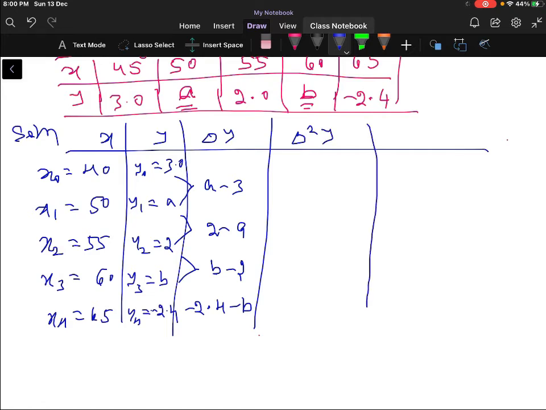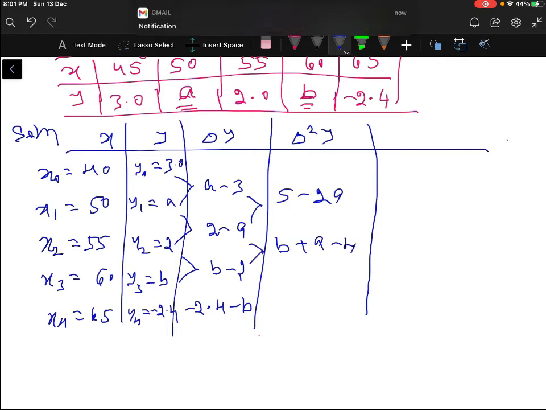Let us construct second forward differences. 2 minus a plus 3, 2 plus 3 is 5, so 5 minus 2a. Difference of b minus 2 and 2 minus a is b minus 2 minus 2 plus a, that is b plus a minus 4.